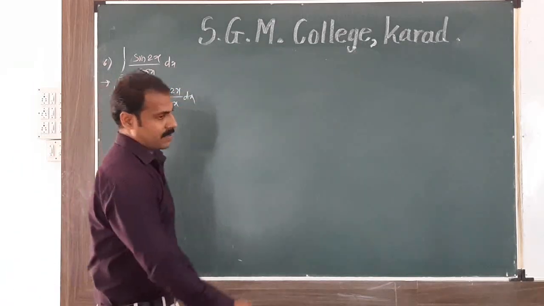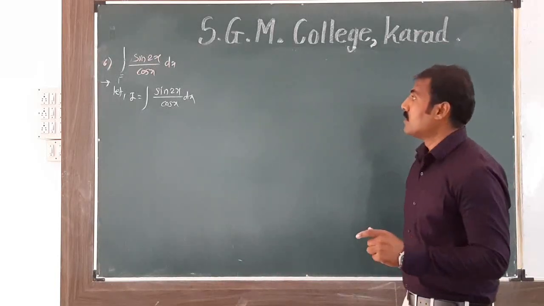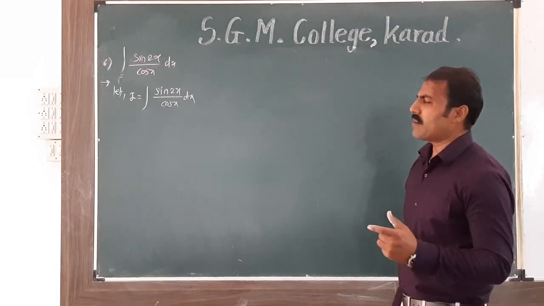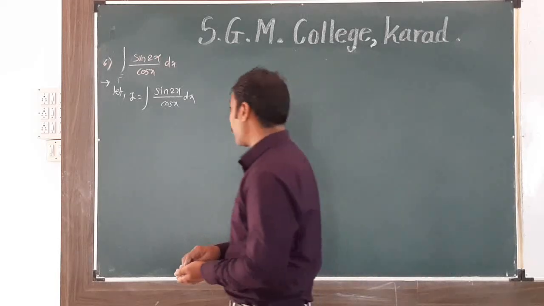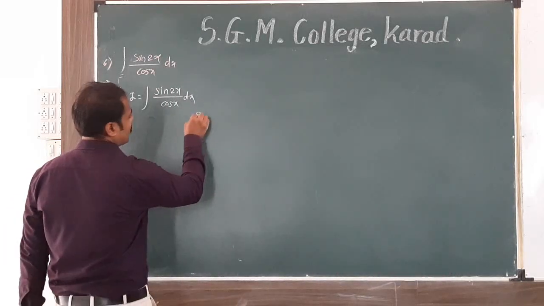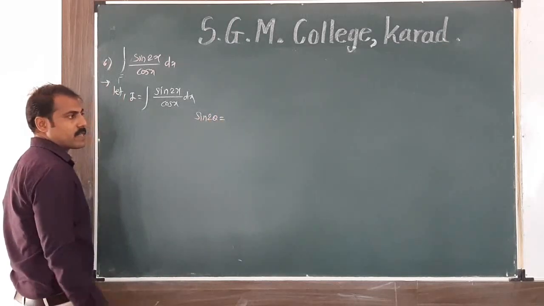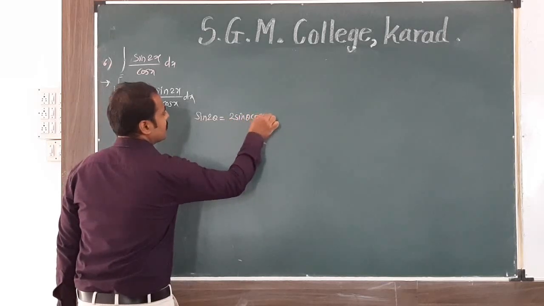And now tell me which term we know. Yes, we are familiar with sin 2 theta. Tell me the formula for sin 2 theta. Sin 2 theta is equal to 2 sin theta cos theta.